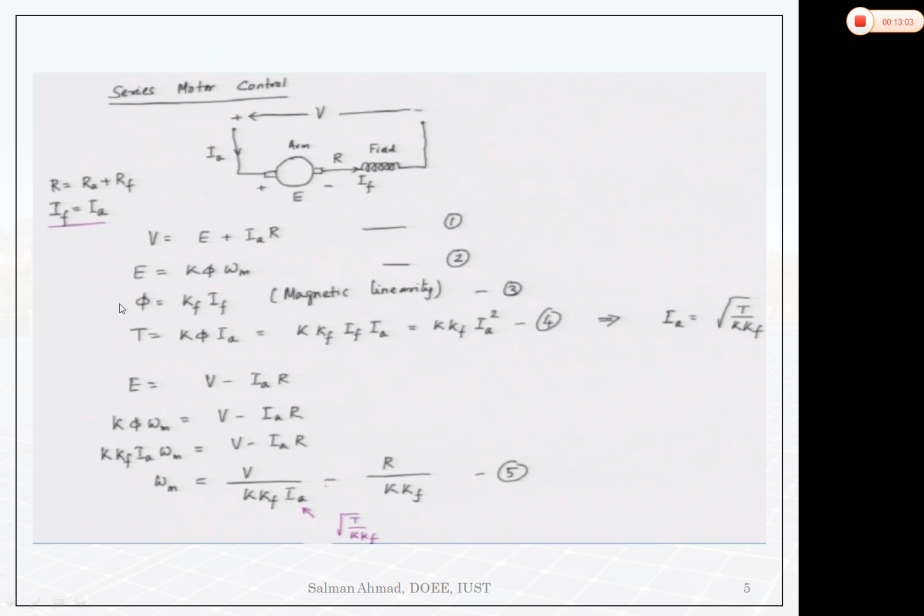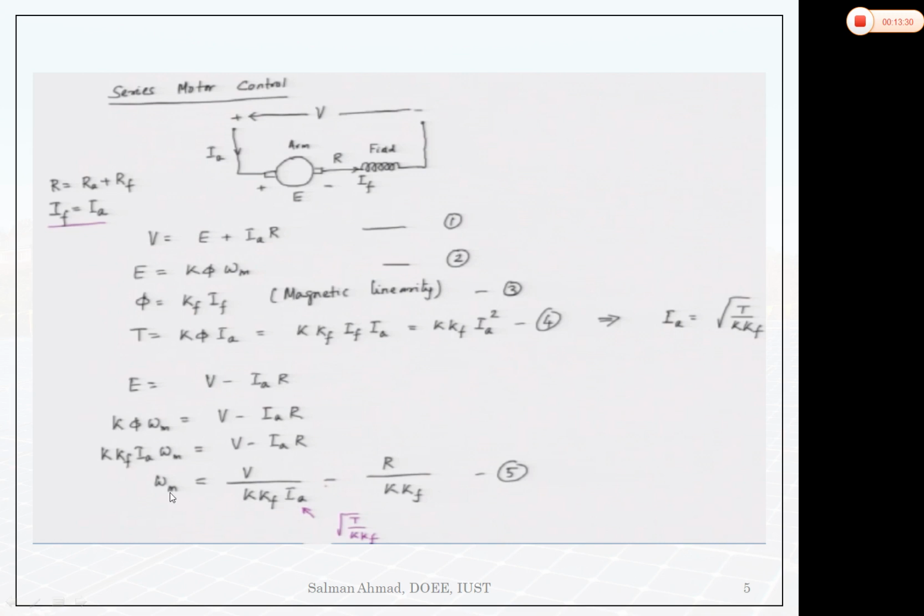Now from equation 1 we can write back EMF is equal to V minus IaR. Substitute the value of back EMF, that is K phi omega m is equal to V minus Ia into R. Now again substitute the phi value from here. So this is Kf Ia times omega m is equal to V minus IaR.